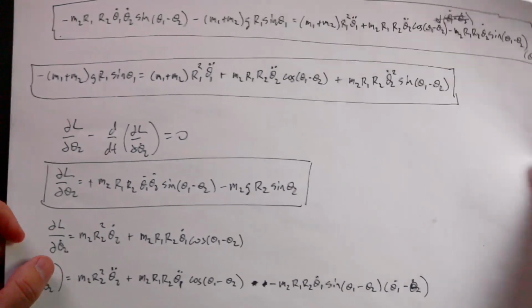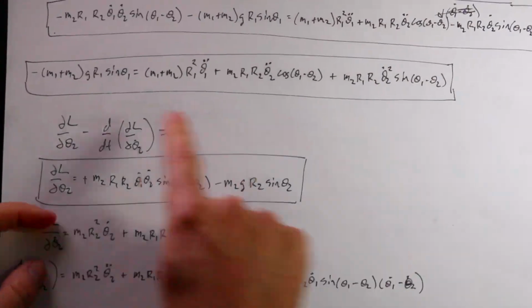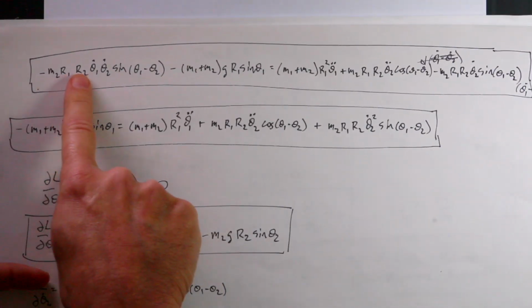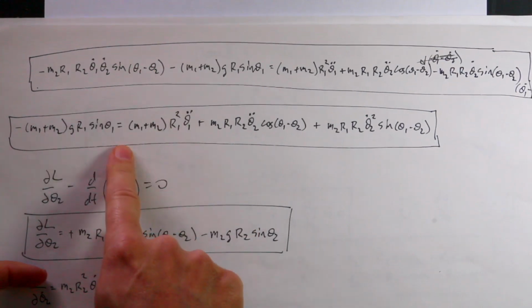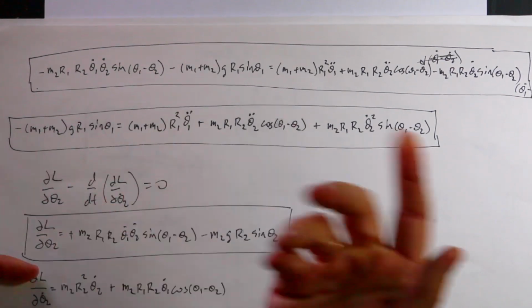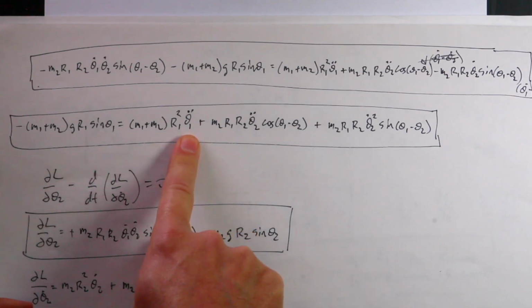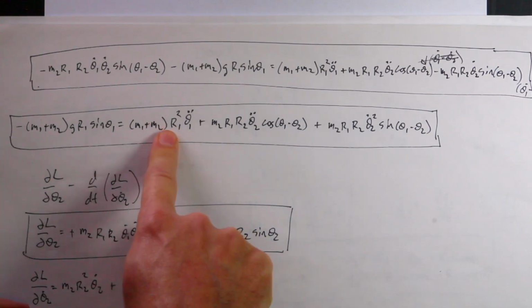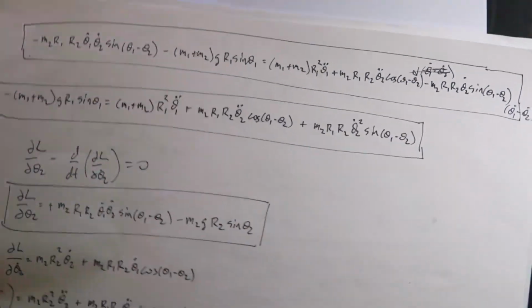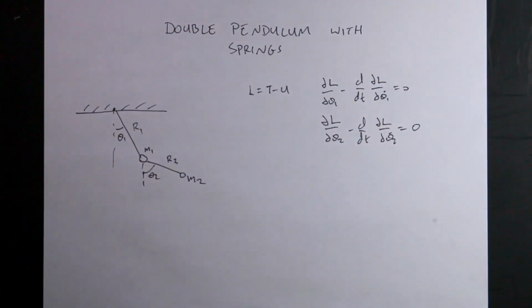Then you take the 2 derivatives, and the 2 Euler-Lagrange equations give you these 2 equations. It's not so trivial. You can see the whole video. It's messy. I'll be honest with you, it's messy.